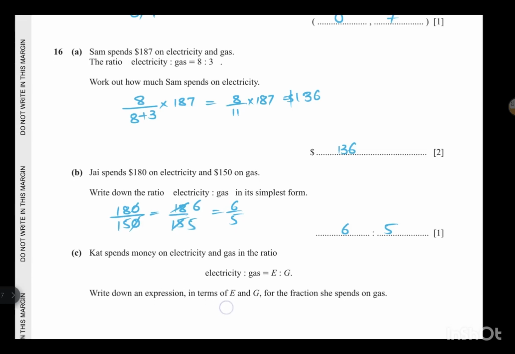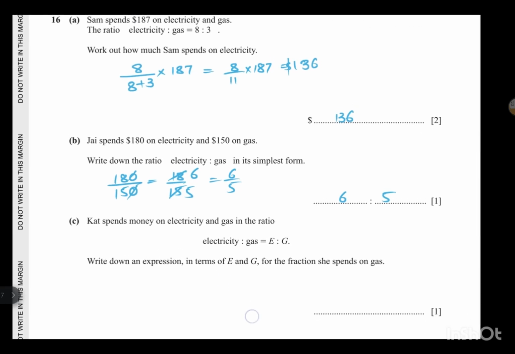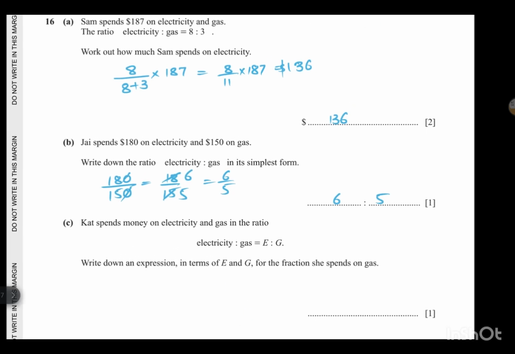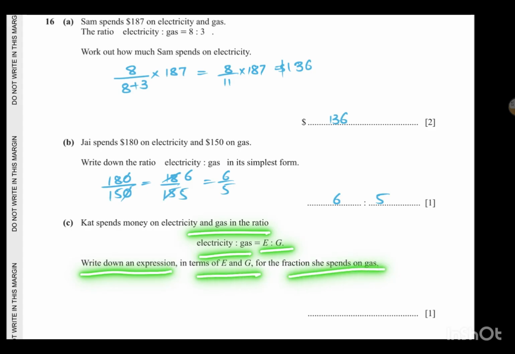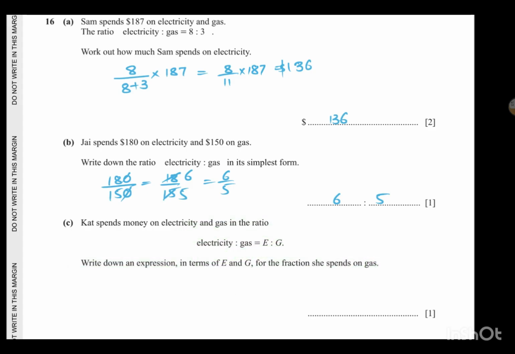Question number C now. Cat spends money on electricity and gas in the ratio electricity is to gas, E is to G. Write down the expression in terms of E and G for the fraction she spends on gas. So now we have to find the fraction of money spent on gas.